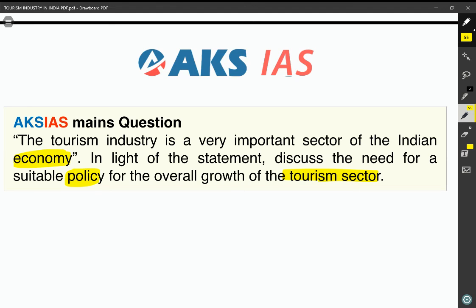Those points you would mention, and then in the next part of the answer you would mention what should be the policy initiatives which are existing, and what could be the possible improvements of the various policy initiatives and schemes to improve the growth of the tourism sector.